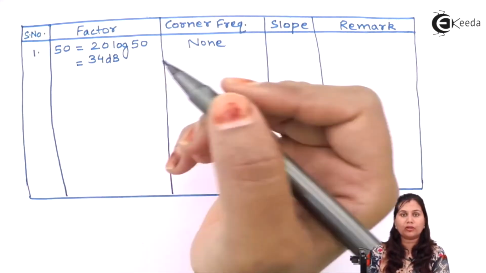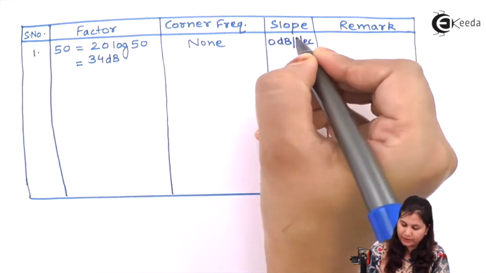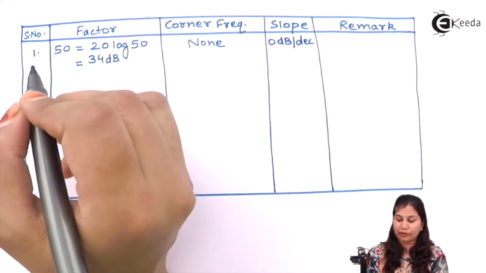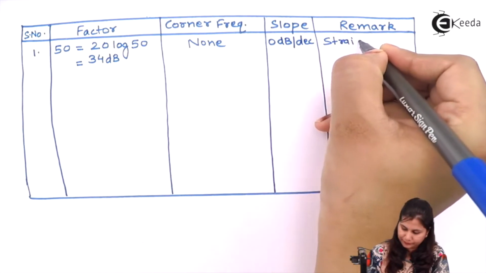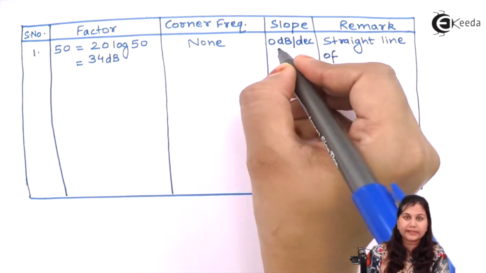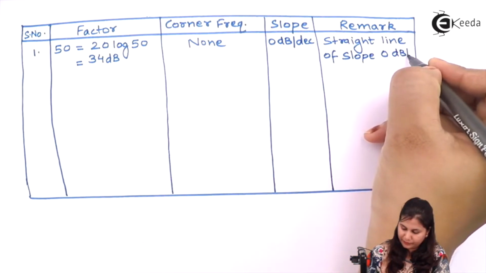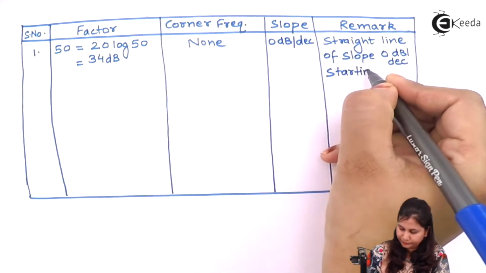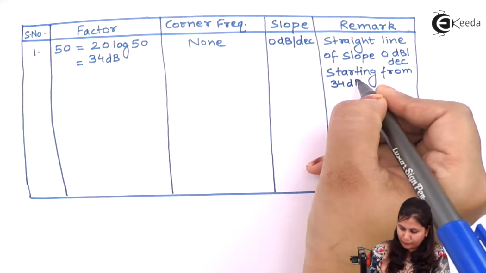Now slope will also be 0. 0 dBs per decade will be the slope, and this constant term 50 will be represented on the Bode plot by a straight line of slope 0 dBs per decade, and it will start from the 34 dBs point.